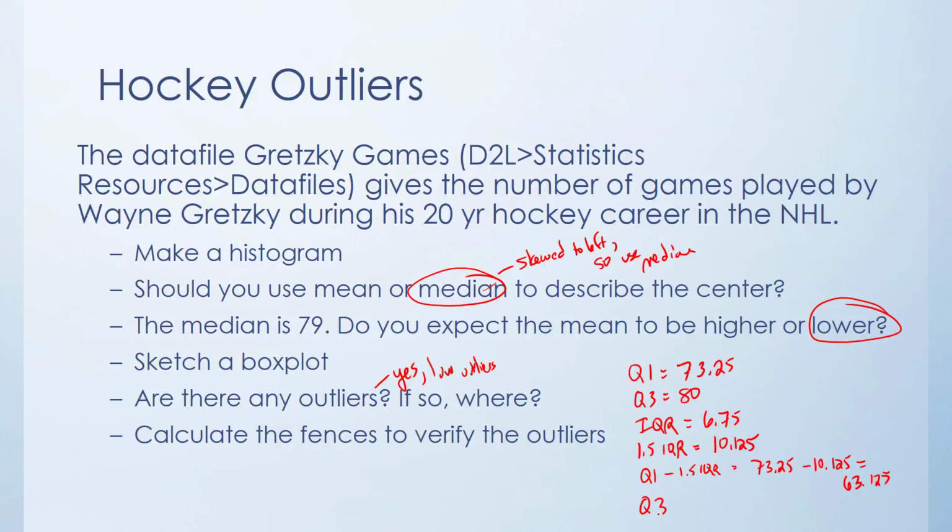And then the fence on the other side, Q3 plus 1.5 times the interquartile range, 80 plus 10.125 is going to be 90.125. So there's our fences, and we definitely have those two data values that were slightly less than 50, and so they are definitely outliers.